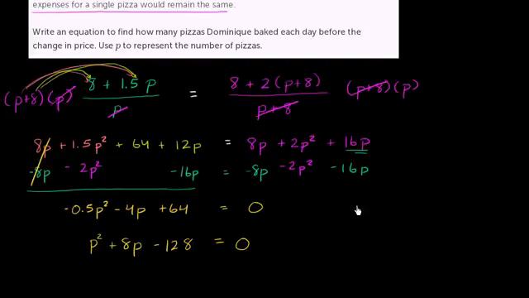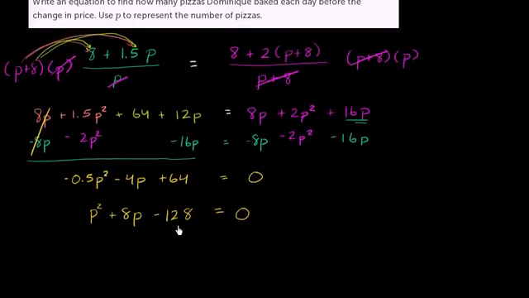So let's see if we can factor this. Can we think of two numbers where if we take their product, we get negative 128, and if we add them together, we get positive 8?